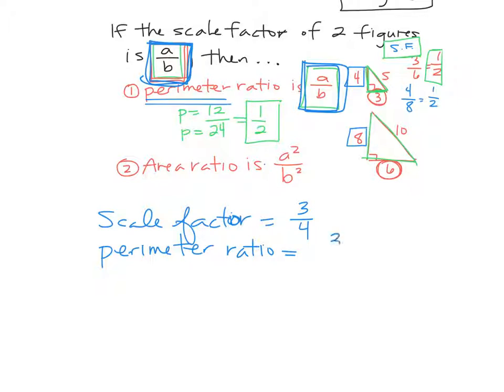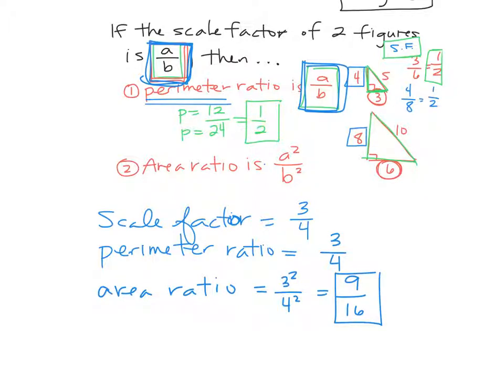So your perimeter ratio is always the same as your scale factor. Then if they ask, what's the area ratio? 9/16. You square them, right? So the area ratio is 3 squared over 4 squared, which is 9/16. Okay, does that make sense? Yes? Somewhat? So scale factor and perimeter ratio will be the same. Area ratio, you're just going to square them. Okay?